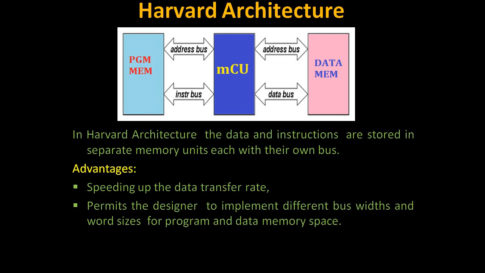As I told you, everything is on the same chip, one chip. The advantage of this architecture is speeding up the data transfer rate, and it permits the designer to implement different bus widths and word sizes for program and data memory space.